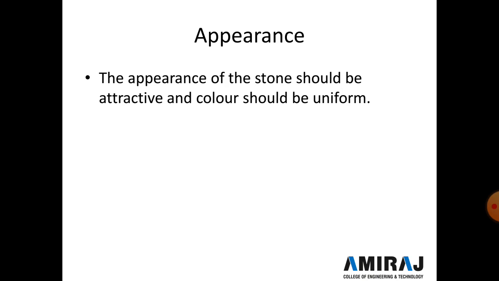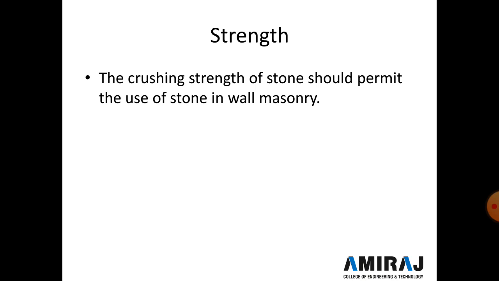Next is appearance, which is an important point in stone masonry work. The appearance of the stone should be attractive and the color should be uniform. Sometimes we use different colors of stone available in the market, and as per knowledge, strength and our attractive view, we select a stone for good appearance.